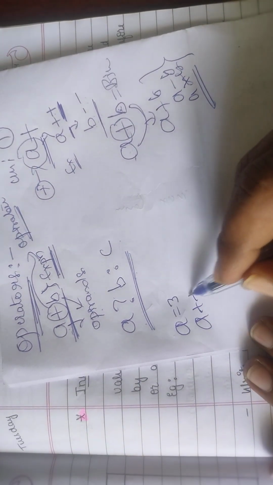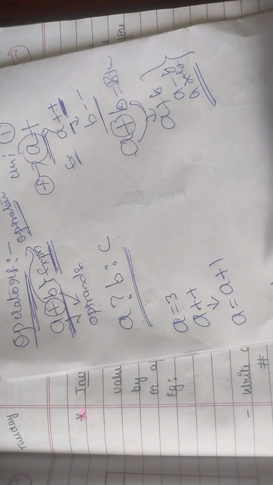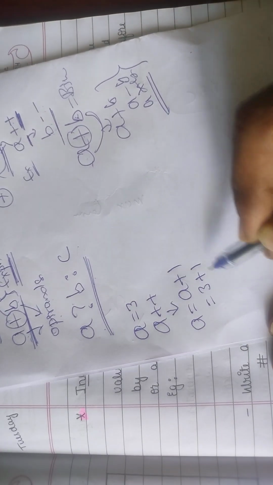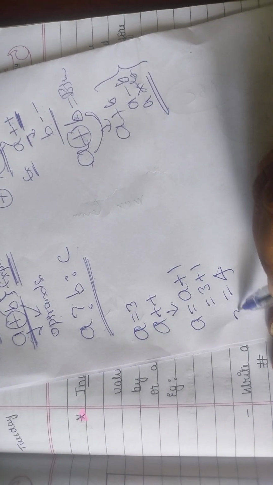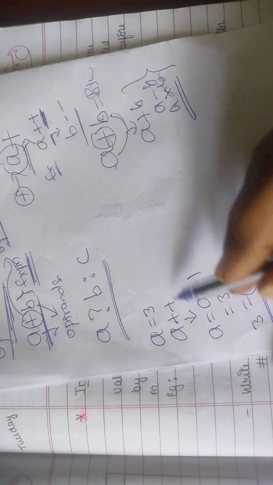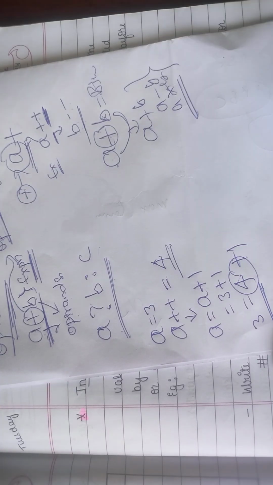If I write a plus plus, it equals a equals a plus 1, so a is 3 plus 1, and it becomes 4. So it can increment by only 1.